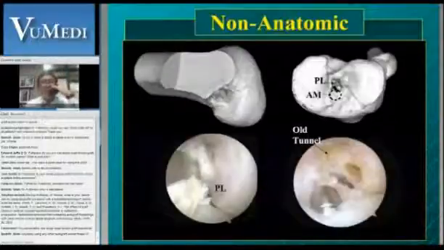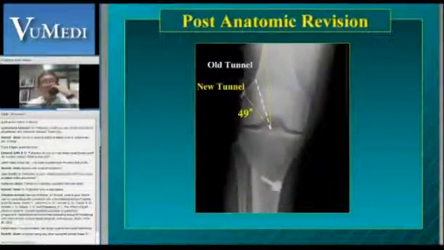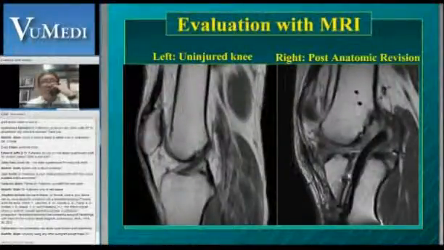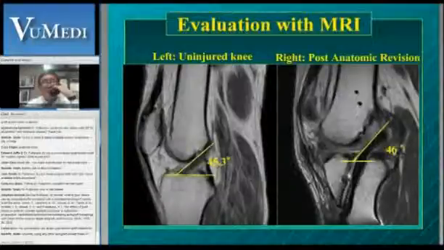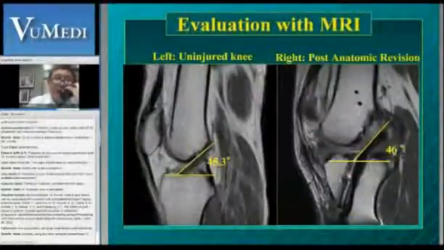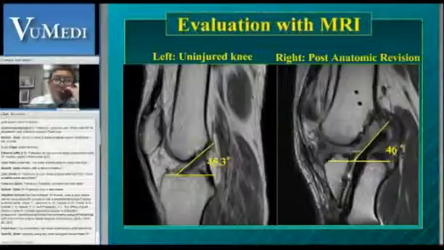And now this measurement is 49 degrees, and we measure all these numbers. This is very close to each other, the inclination angle, and essentially the length and the sizes are also similar. So this is a good exercise to tell us that we did the ACL in the right anatomy.